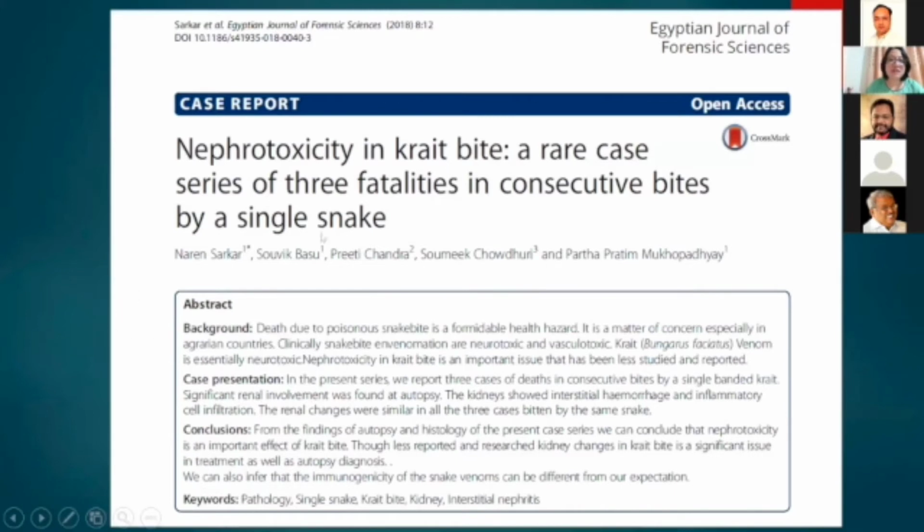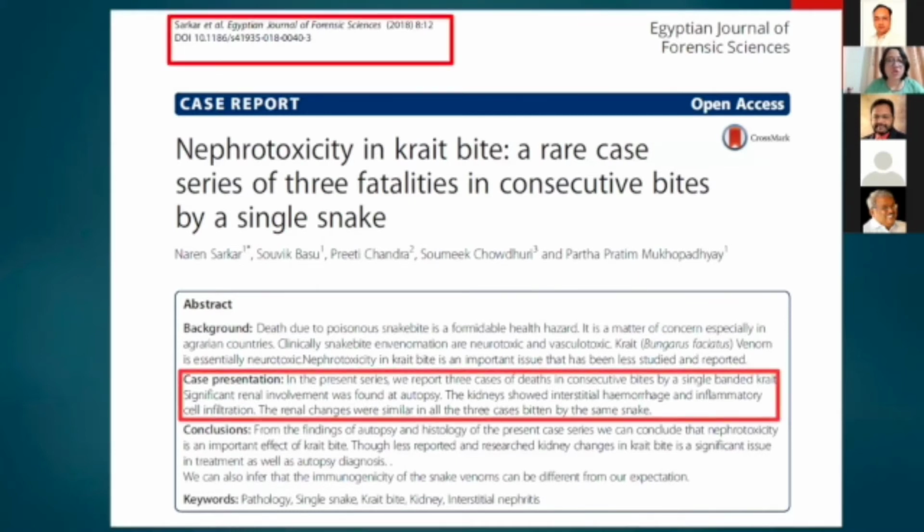So this is again an interesting case, but quite a different case of nephrotoxicity in a banded krait bite. There is a rare case series of 3 fatalities in consecutive bites by a single snake. So 3 deaths in consecutive bites by a single banded krait.